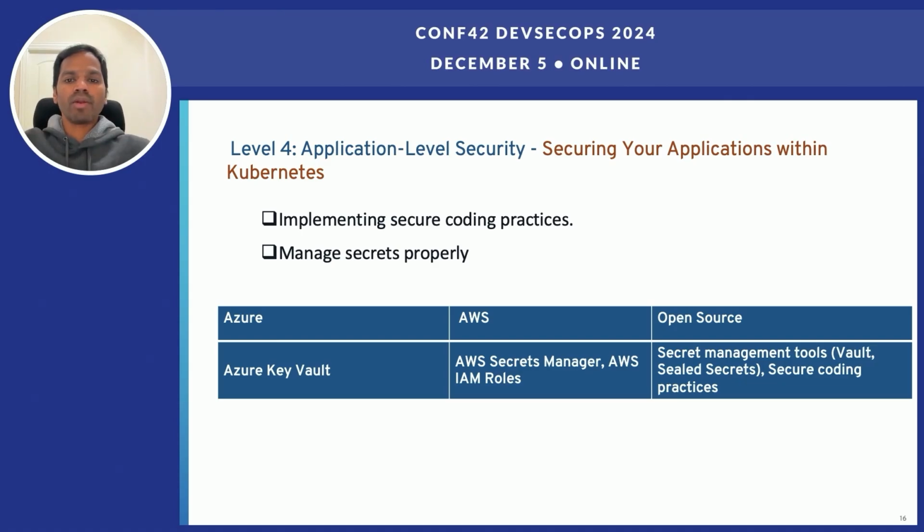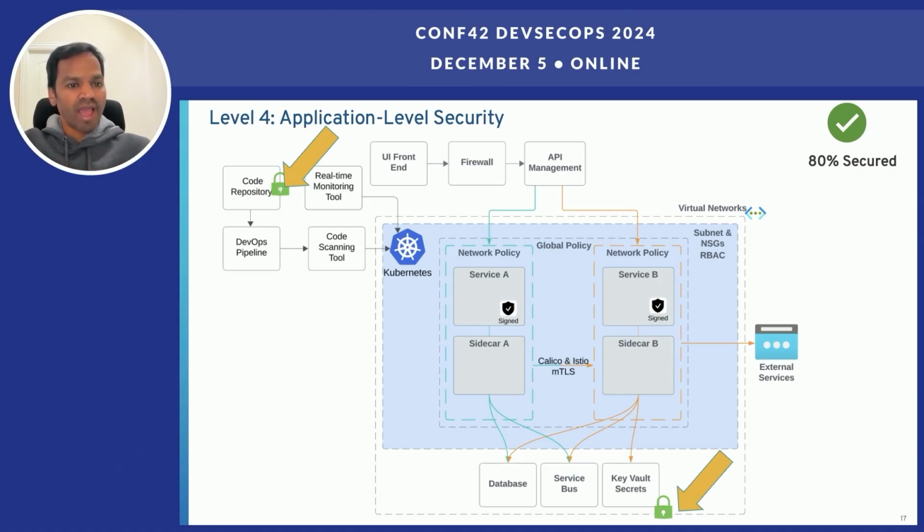And then we can also have secure coding practices applied at the application level. In this architecture, I have added a code repo and shown secrets stored in a key vault. Securing the application level increases security to 80%, showing substantial progress.